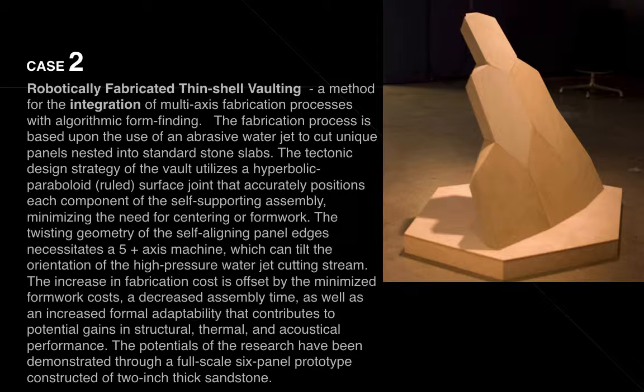It's a very interesting method for integration of multi-axis fabrication process with algorithmic form finding. This fabrication, of course, is possible because of robotic arm. Fabrication process is based on use of abrasive water jet cutter, where ink panels are nested into standard stone slabs, and tectonics design strategy of the vault.